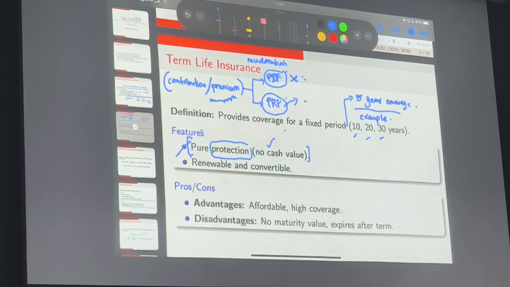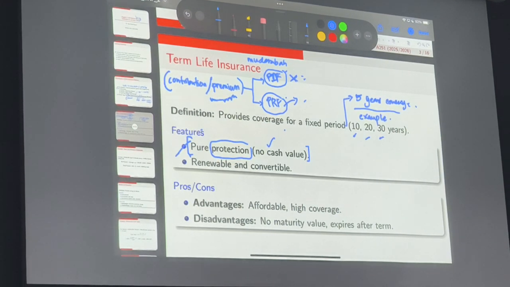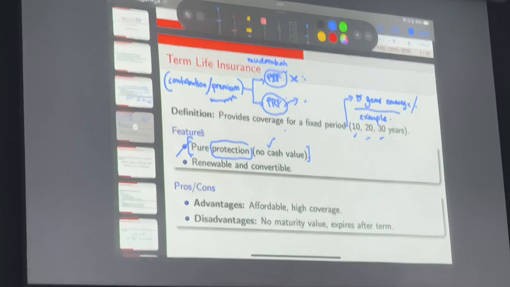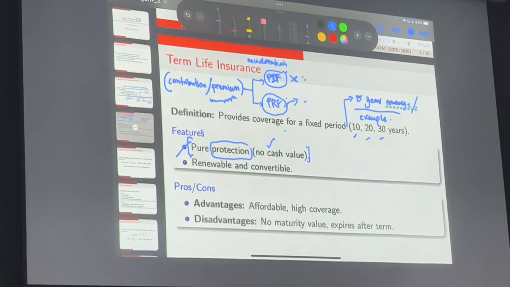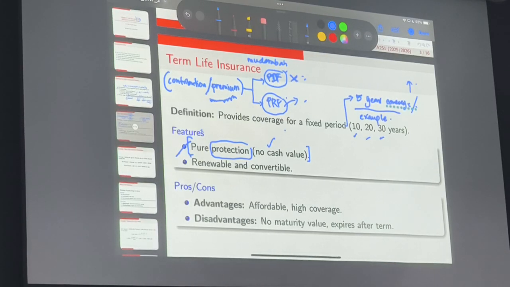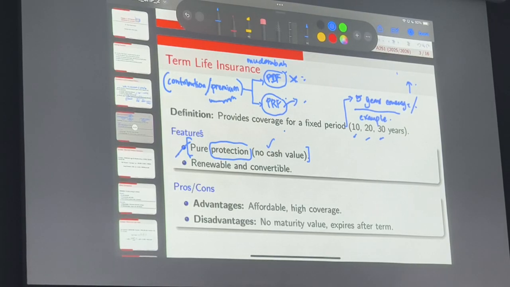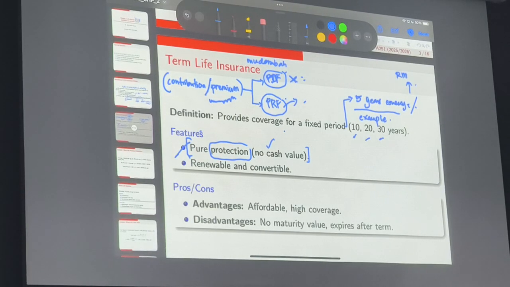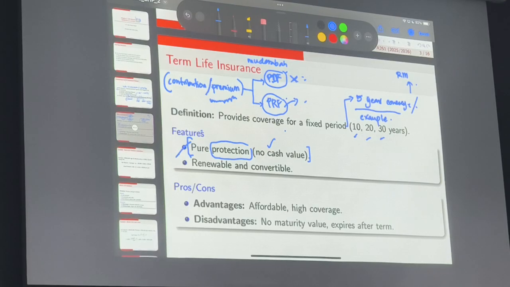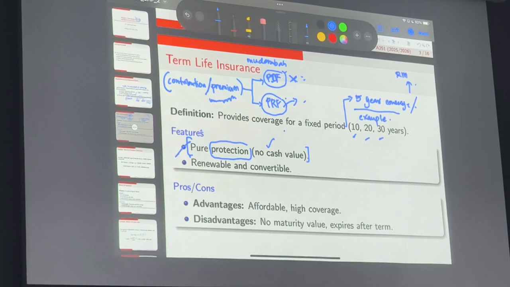Right, what happened, let's say after 5 years of contribution, selepas 5 tahun contribution ni, in case the policyholder did not die, so that's it lah. How much will you receive after 5 years for term insurance?